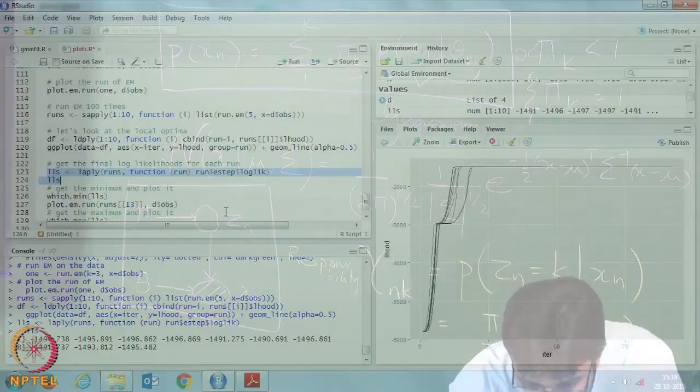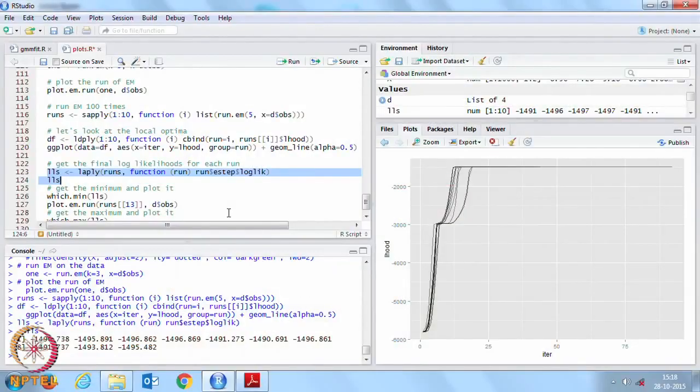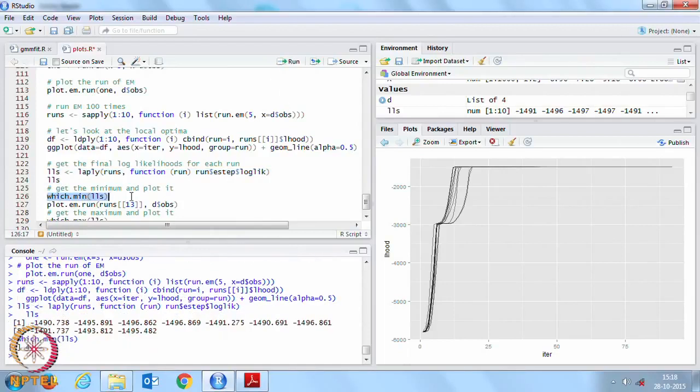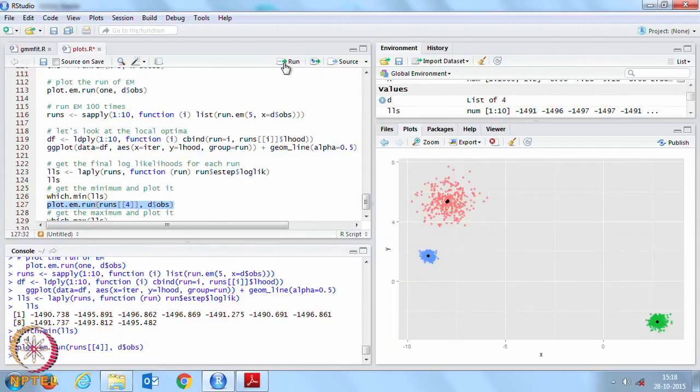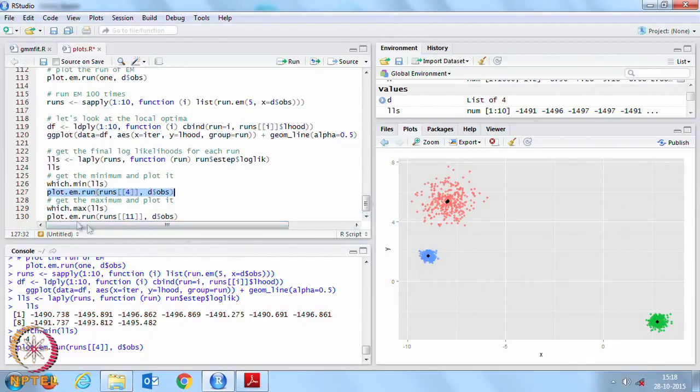So, these are the 10 final likelihood values that I got, and the minimum is 4. In this case, this is a very easy case.